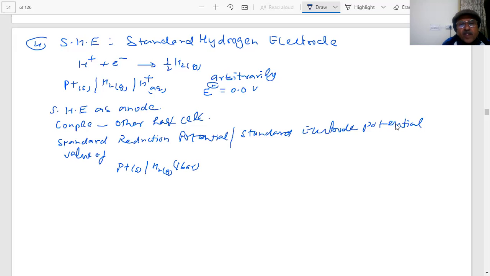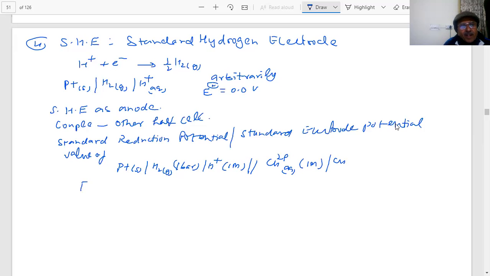Standard conditions means 1 bar pressure, 1 molar concentrations of the electrolytes, 298 Kelvin. So 1 bar pressure, 1 molar, 1 molar. This is our standard electrode which is acting as an anode. And if I have copper 2 plus aqueous, students, I should take 1 molar for standard conditions, then it is being reduced to copper.